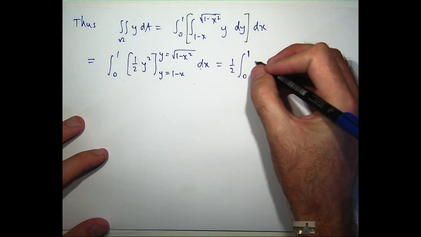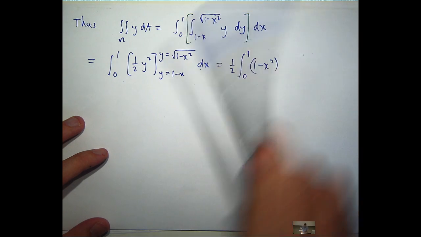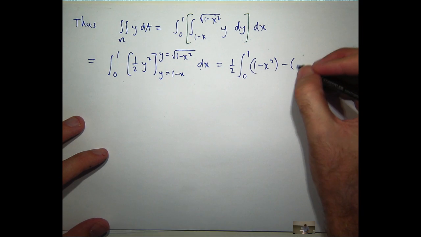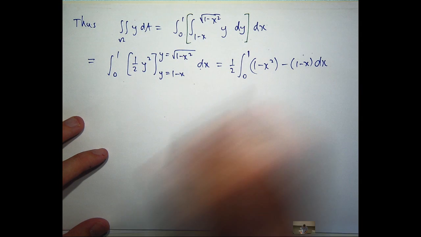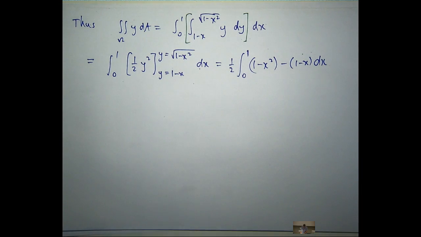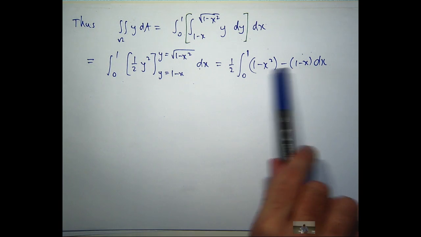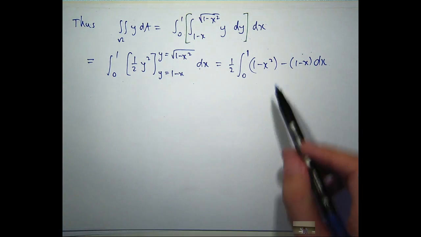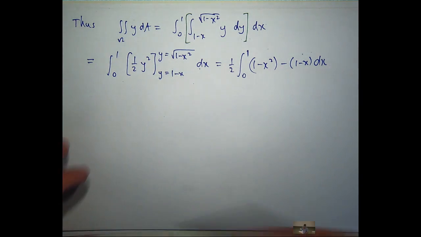So I'm going to get 1 minus x squared. When I plug in this, I'm going to get 1 minus x. So now I've broken it down to a single integral. So I can just simplify this if I can, and then do my integration.